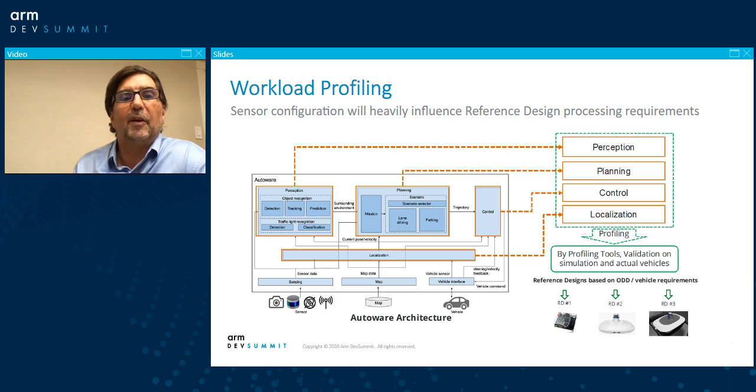Localization, as I mentioned, is a key function, taking in the sensor information and really understanding where the vehicle is and what directions it's pointed in. The perception engine is where we do all of the detection of the other actors in the environment, looking for vehicles, pedestrians, tracking those actors and predicting where we think they will go next, from the standpoint of facilitating the planning functions, where the vehicle can safely maneuver on its intended trajectory.